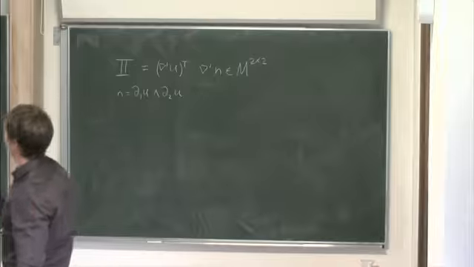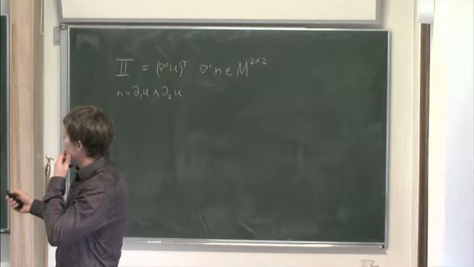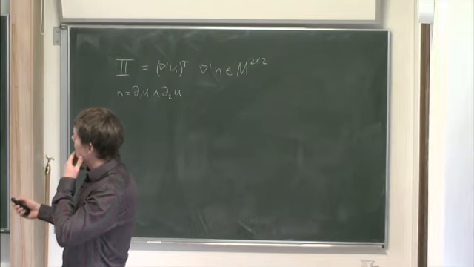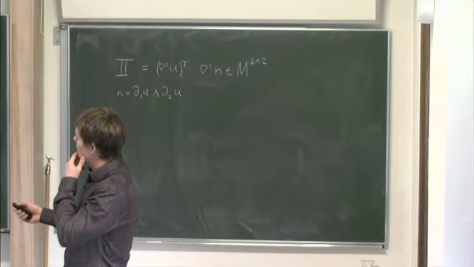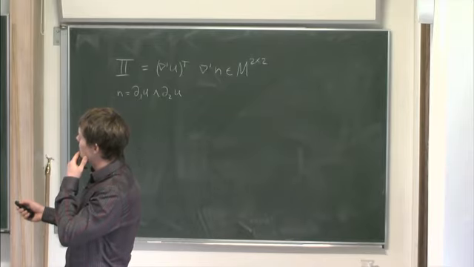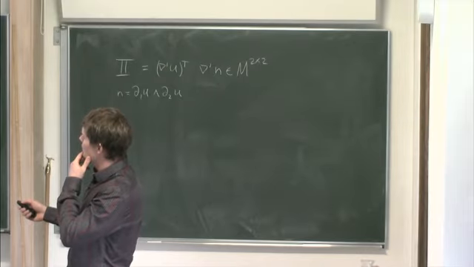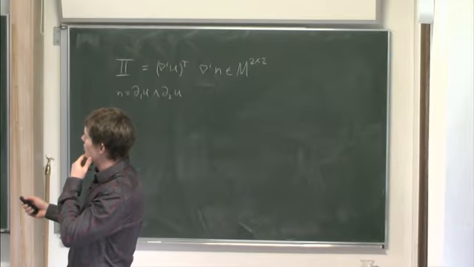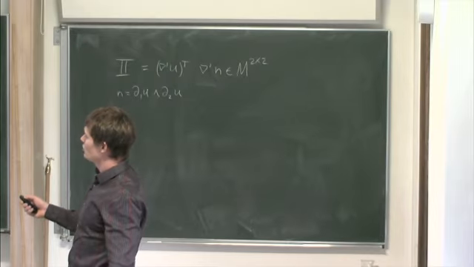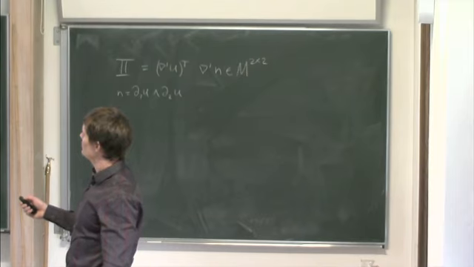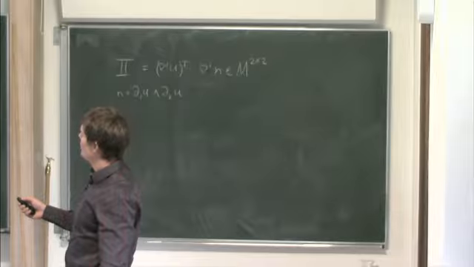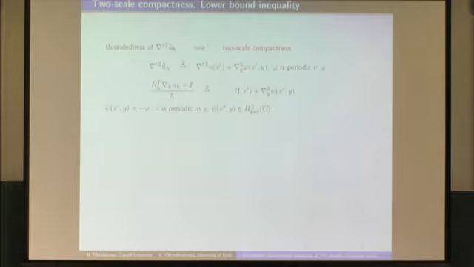I don't have enough time, unfortunately, for this. So the two-scale limit is the second gradient of the limit surface plus the second gradient with respect to the y variable, which corresponds to the periodic structure, of some other function phi.